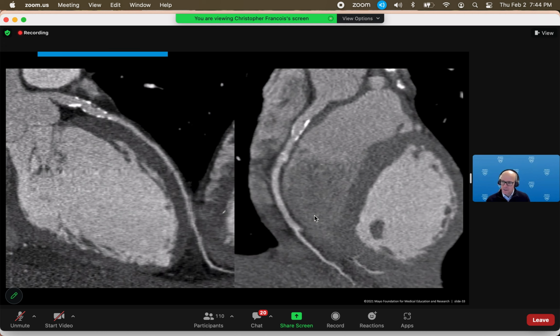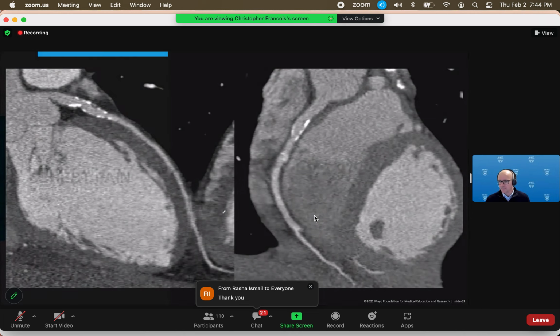If it's on the border, I will look at the curved planar reformats, and I will make some measurements. There are also stenosis tools within most visualization software packages that can give you a more precise diameter or area score or severity for stenosis. But most of the time you can just grade it pretty easily, very quickly, just by looking at it.